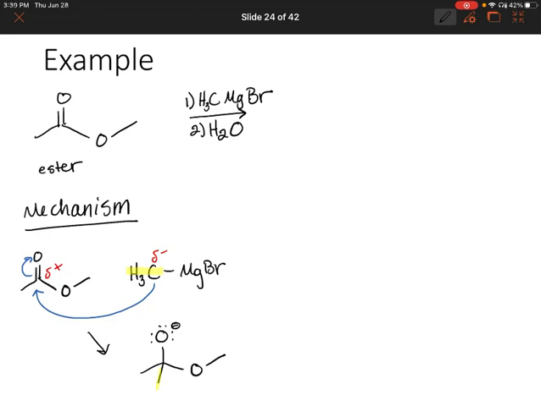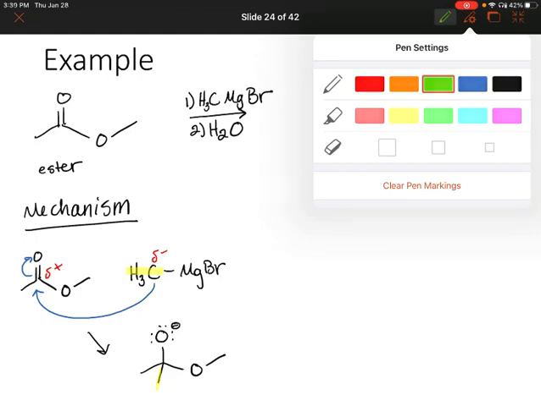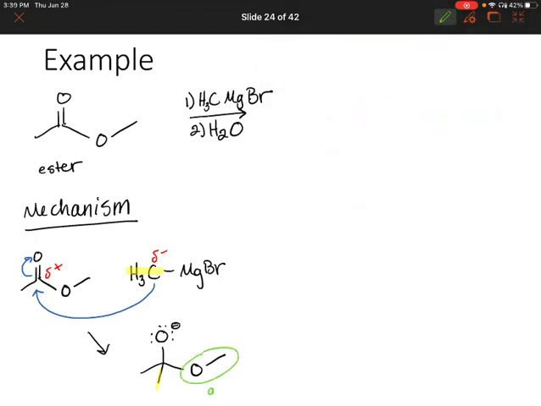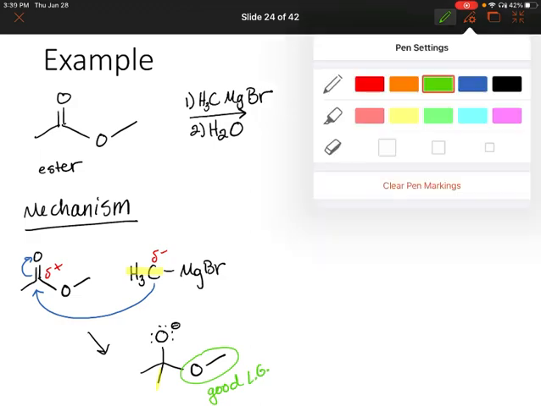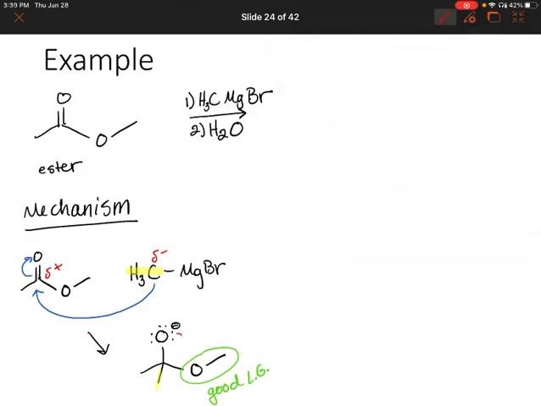So you might think that we would protonate the oxygen, right? But recall from our previous discussion of esters that we do have a good leaving group on our ester. So the oxygen could use one of its lone pairs to create a double bond and cause the leaving group to leave.